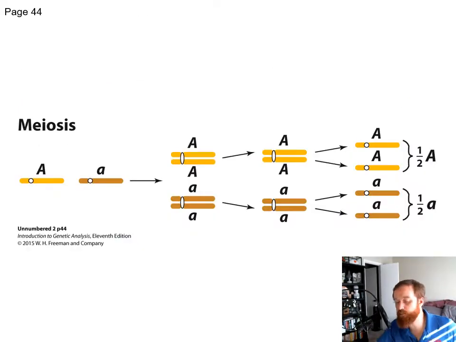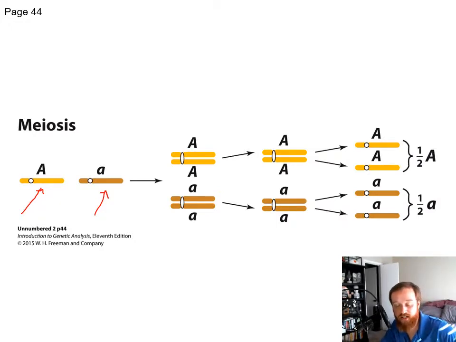So let's look at this process of meiosis again, but instead we're going to focus on the actual genes on the chromosomes as opposed to the chromosomes as a whole. In this example here, we have this kind of mustard yellow chromosome and a brown. The color choice is very interesting here for the textbook.